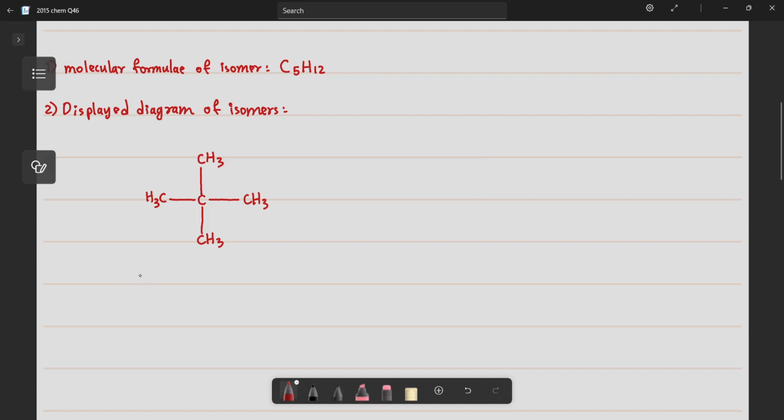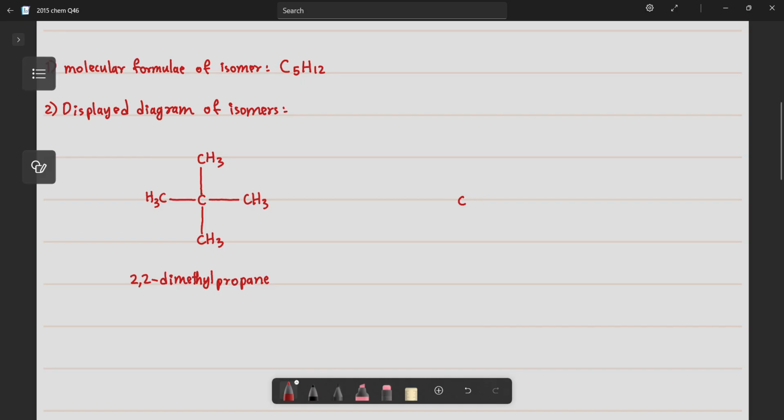So this is the diagram for 2,2-dimethyl propane. And now the second structure that we have, the isomer, is pentane.